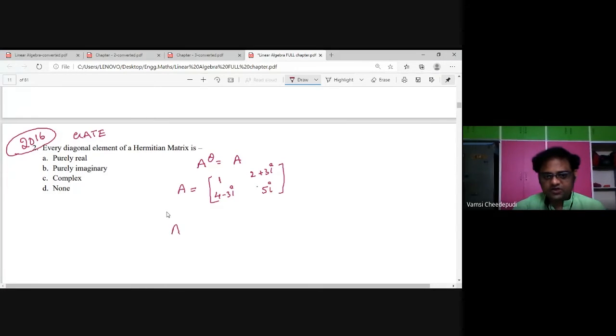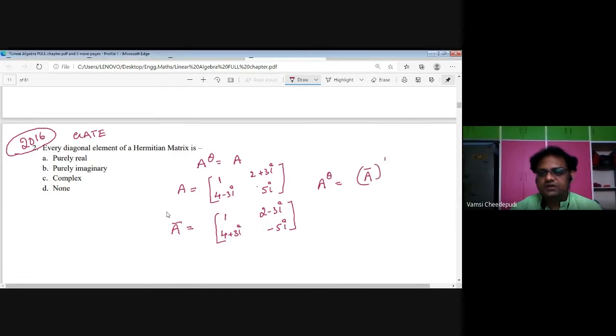Now let me write the conjugate matrix A bar. A bar is the conjugate of every element: 1; 2 plus 3i conjugate is 2 minus 3i; 4 minus 3i conjugate is 4 plus 3i; and 5i conjugate is minus 5i. Conjugate ready. Now A power theta is the transpose of the conjugate matrix.